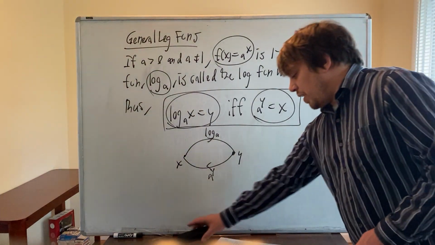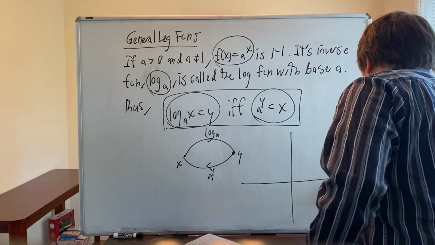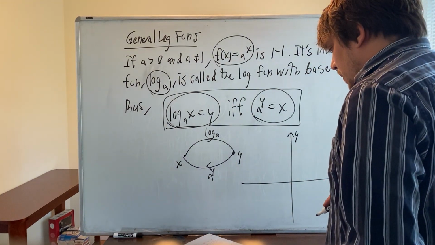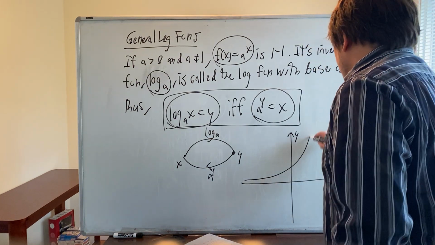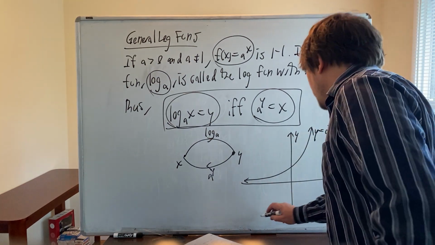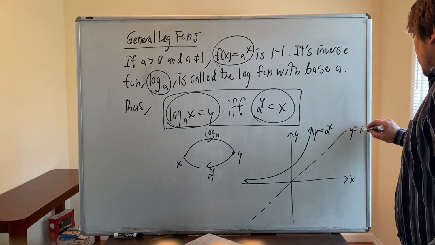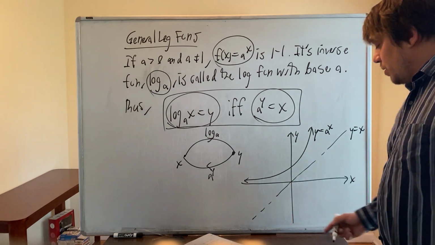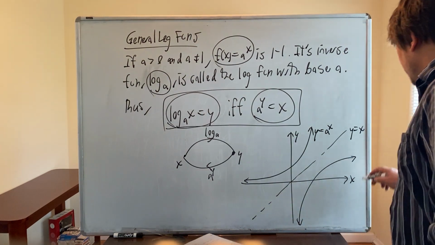Okay, now if you look at the graphs of these functions, I'm going to put the graphs maybe here. X-axis, y-axis. And so if you have y equals a to the x, and then you have y equals x, then when you take this graph and you reflect it about the line y equals x, you get that graph, that function.